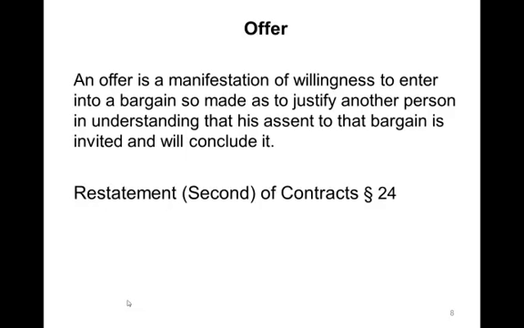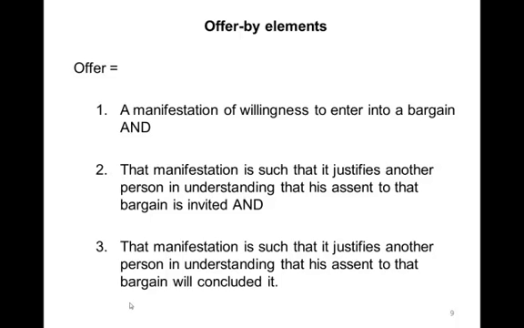Always remember that your job in interpreting and understanding the law is to break that up into its core elements or components. So here I broke it up. You can shrink this and clean it up more, but I broke it up just so you'd see how the pieces work together. In order to have an offer, you've got to have this thing called a manifestation of willingness to enter into a bargain. And I've got some slides that clarify that in this presentation.